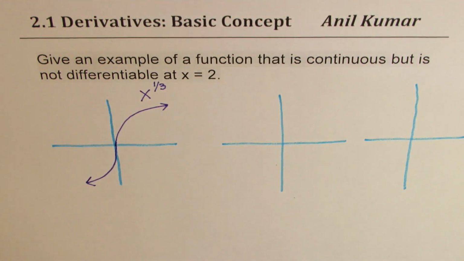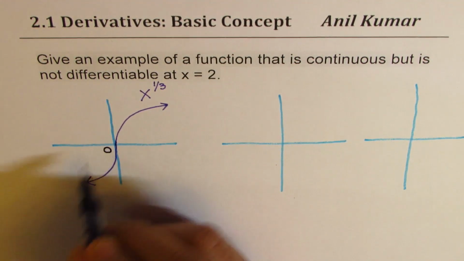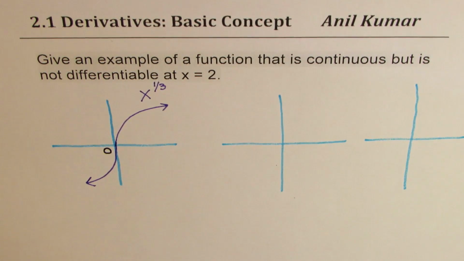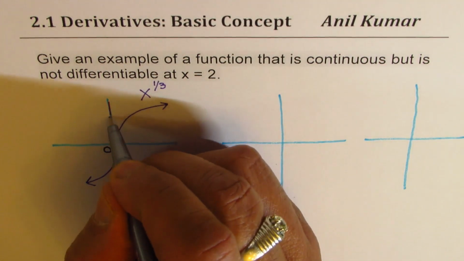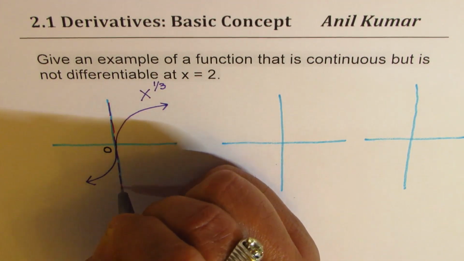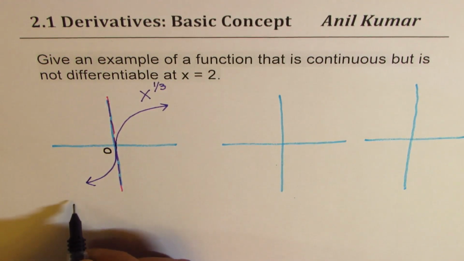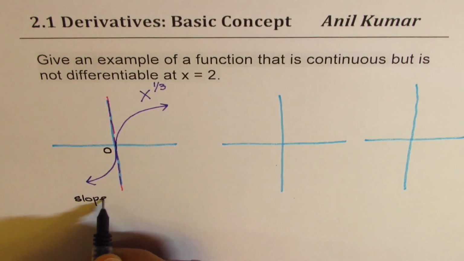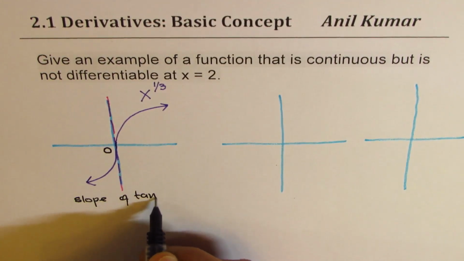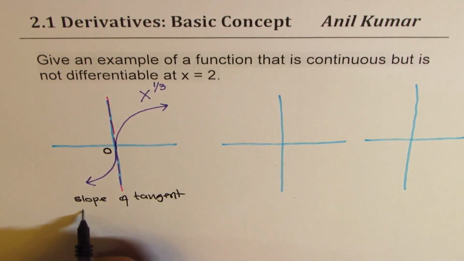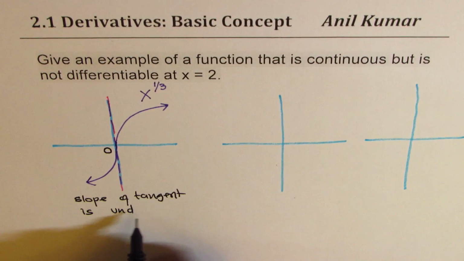Now you will notice that at 0, if I draw a tangent line, it is going to be a vertical line. Do you see that? So it is a vertical line. Since it is a vertical line, we see that the slope of the tangent is undefined.